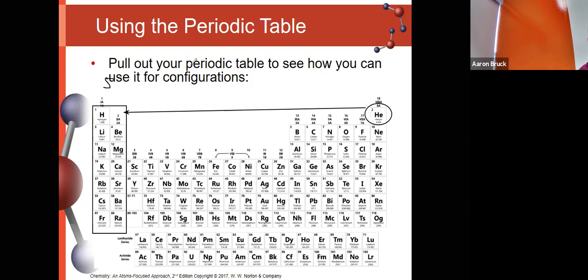And the s block follows the energy level, the period number, exactly.